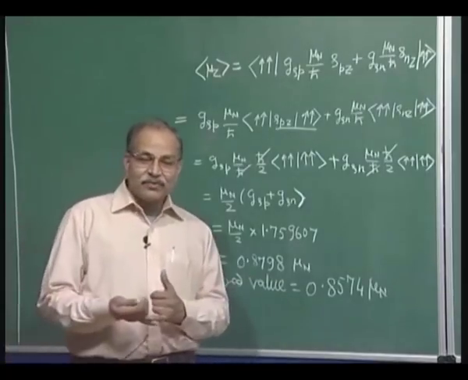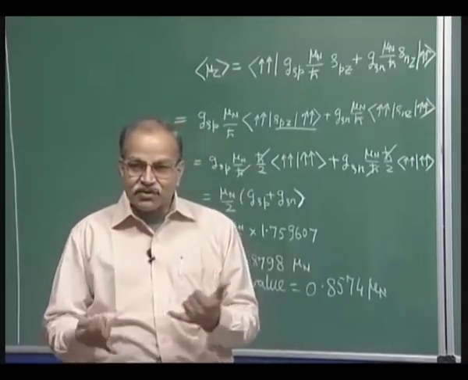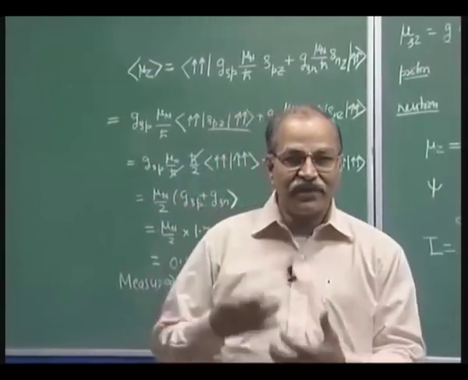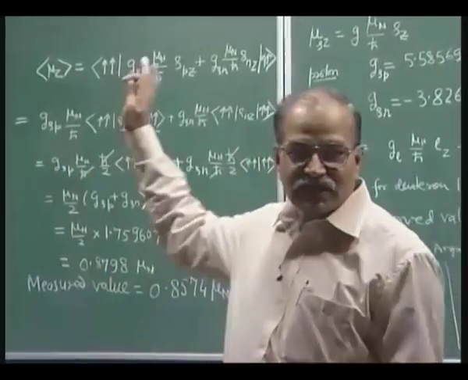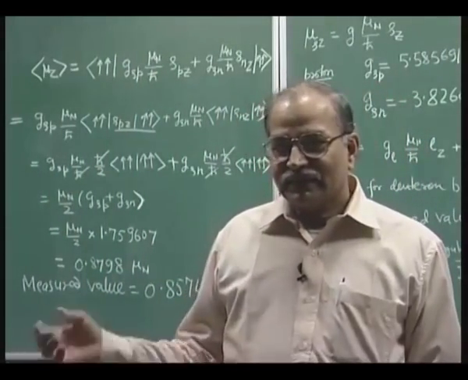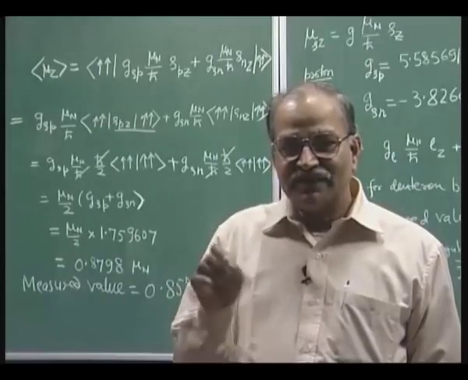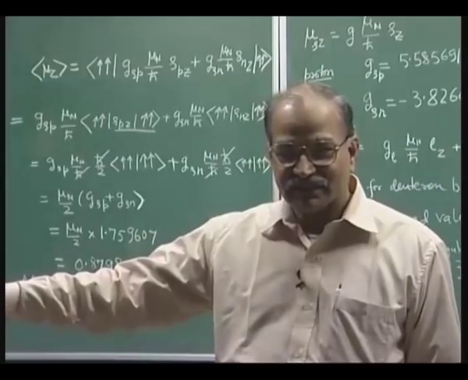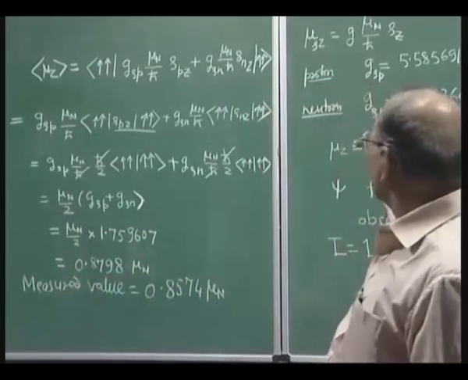So, where are we making assumptions, and where do we have to modify our assumptions? All other things that I am doing on the board, they are all standard things. The g value of proton and g value of neutron are known to very high accuracies. That is why we are putting so many digits there.